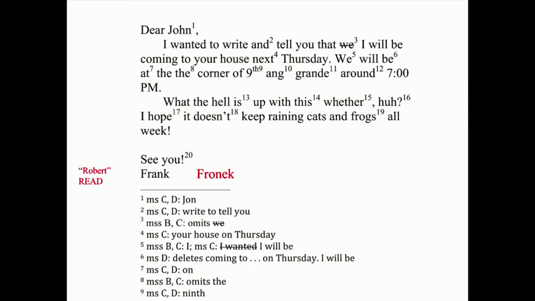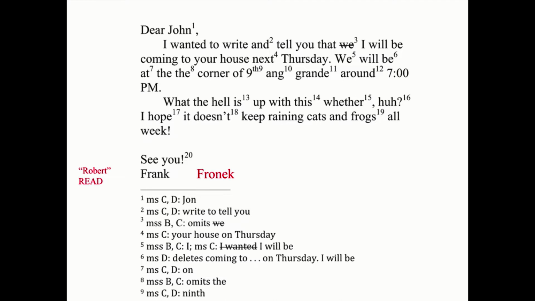Well, Qere and Ketiv are Aramaic words. Qere means what is read, that which is read. And Ketiv means that which is written. So in our example, the Ketiv, that which is written, would be this form, and the Qere, what is read, would be this form.